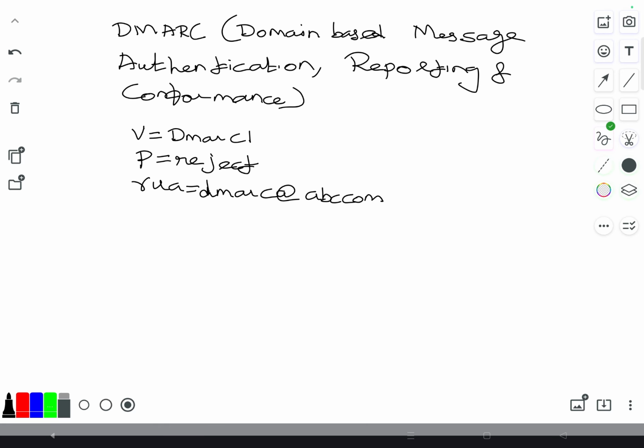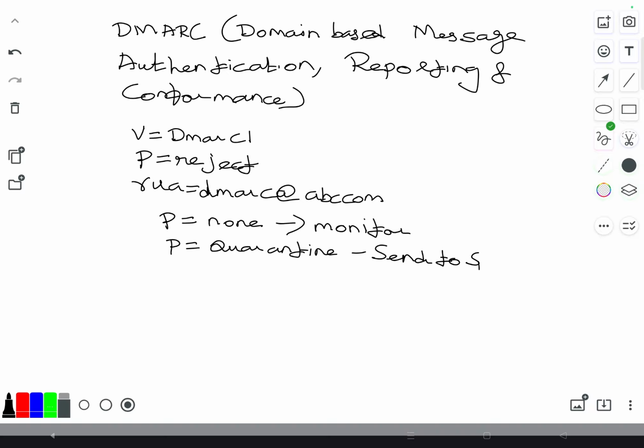So let me reiterate: p=none means monitor mode, just monitor and no action is taken. p=quarantine means it sends the email to spam. Then the third option is reject, where the email is blocked.